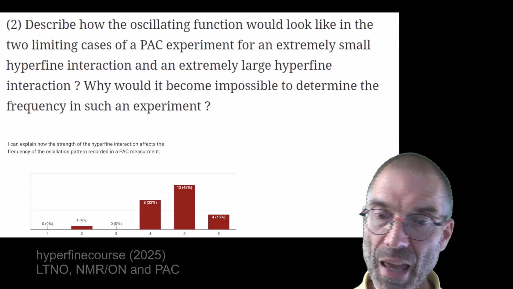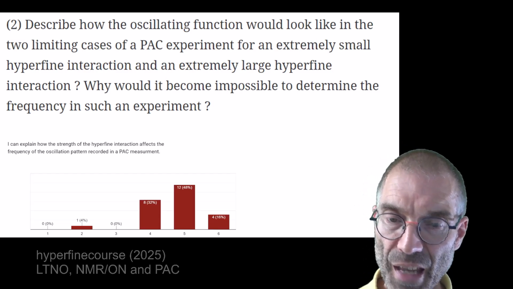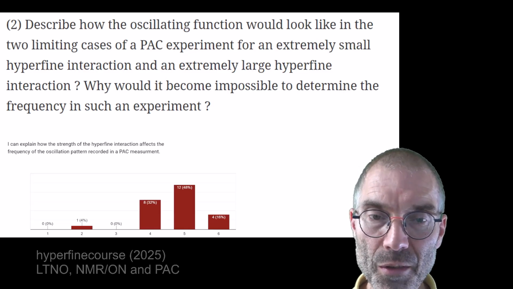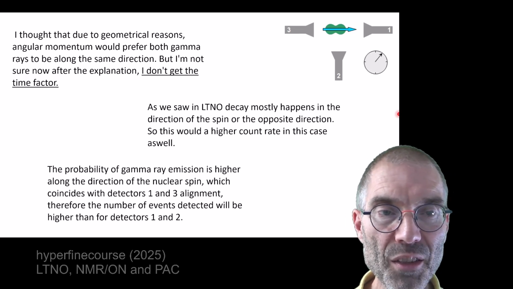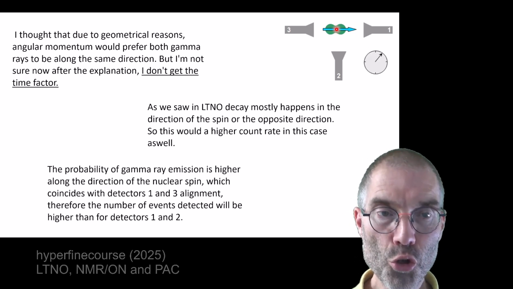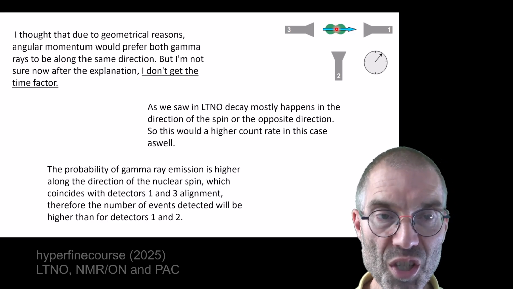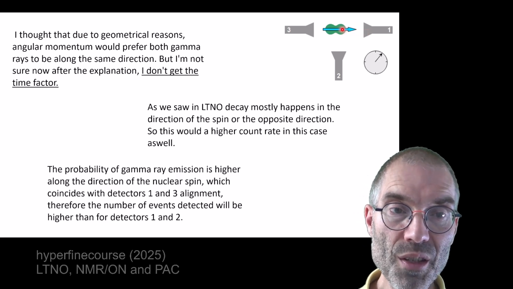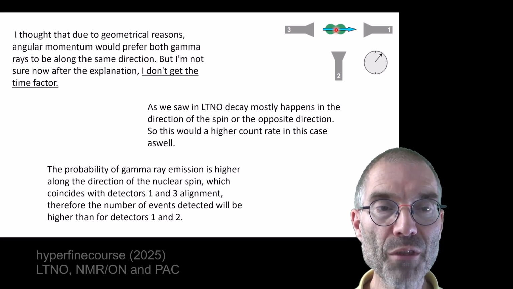Now we enter the situation where there is a hyperfine interaction, and there we have seen that in PAC you will have an oscillating function on top of that exponential decay. So I go one page back to this picture. Assume the easiest situation that there is a magnetic hyperfine field perpendicular to the screen, then the magnetic moments or the nuclear spins will start to precess about the axis of that magnetic hyperfine field.